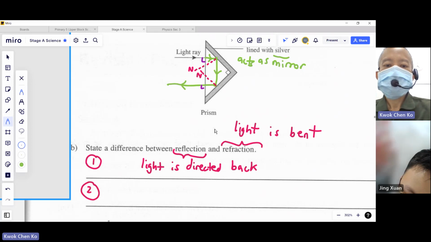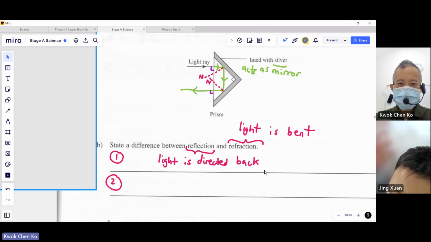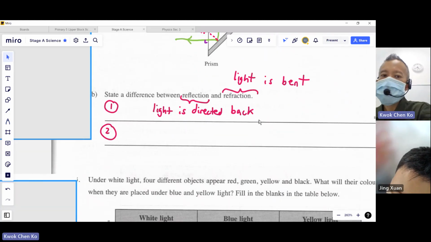That's why these questions are tricky, because everybody makes mistakes. Of course, you can write quite a few, but let me just touch on the important ones.